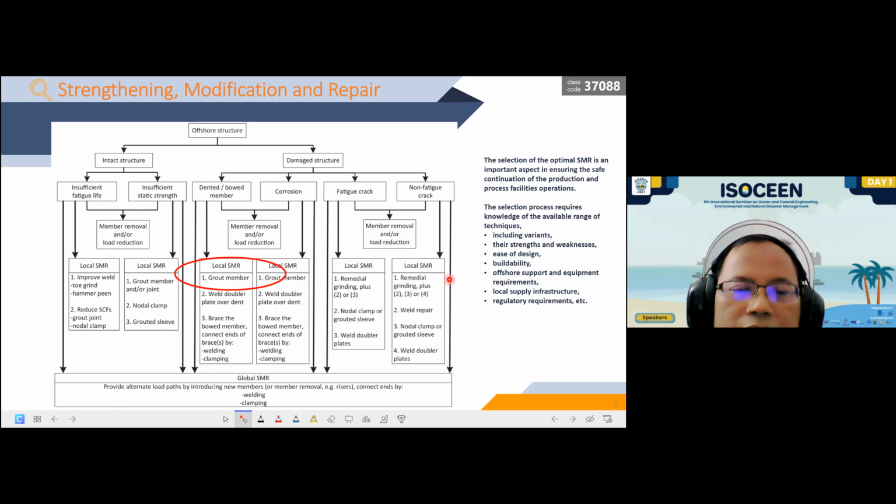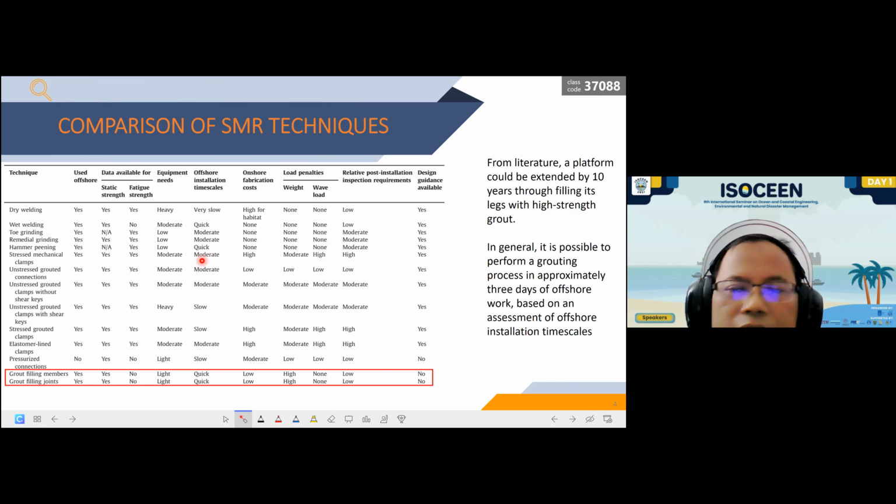Why do we use the grout filling method? Because this table shows a comparison of each method from previous studies.